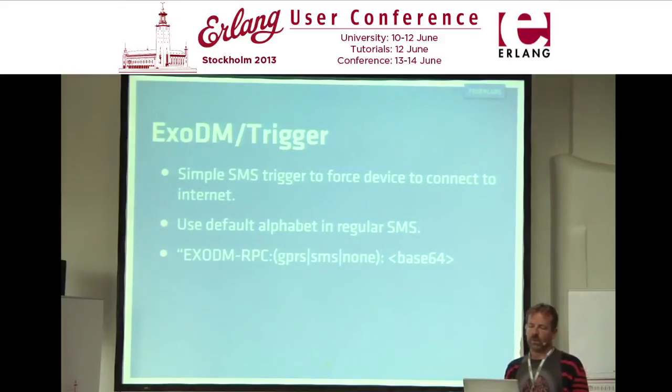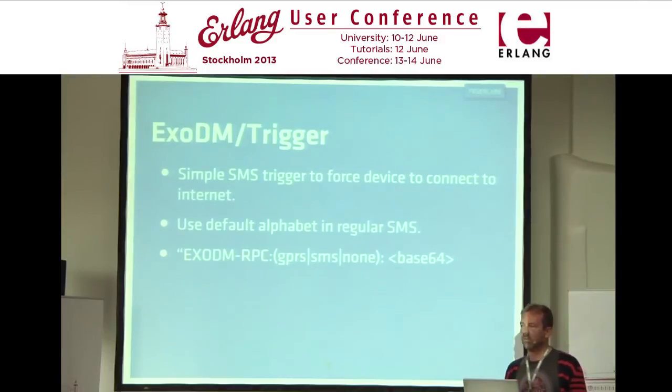So what we do, we have sketched a very simple protocol. It's a text using the default alphabet. It's a regular SMS, preferably in one segment, so it doesn't require multiple segments to send.